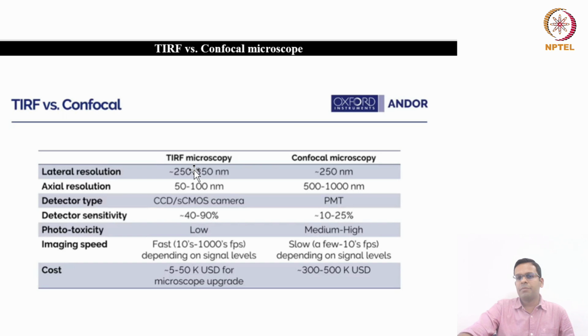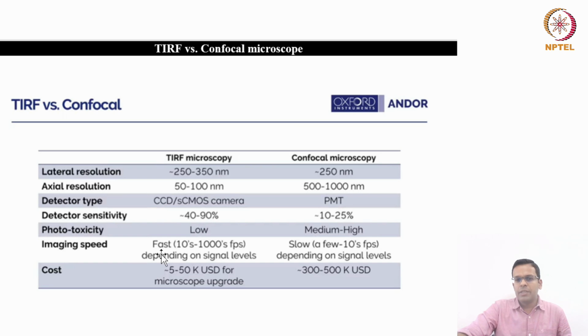And as TIRF microscopy only illuminates the cell which is in close association with the cover slip, it creates low phototoxicity, whereas confocal microscopy creates medium to high phototoxicity because it can illuminate the entire cell volume.